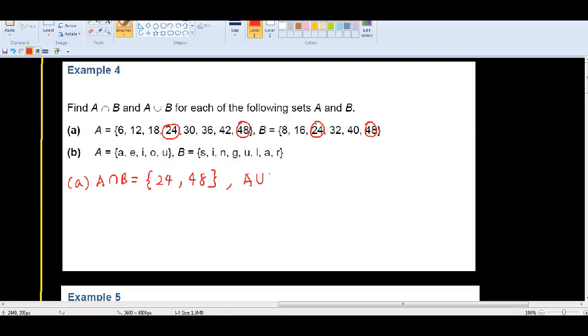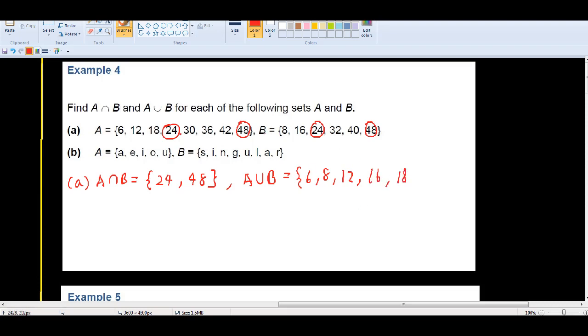So how about the union of A and B? For union, you just need to copy all the elements in both sets, but don't repeat copying those in the intersection of the 2 sets. For example, you can copy 6 and the next one will be 8. You just copy whatever they are, because union means you collect all the things. 6 is in A, 8 is in B, and the next one is 12 and then 16 and then 18.